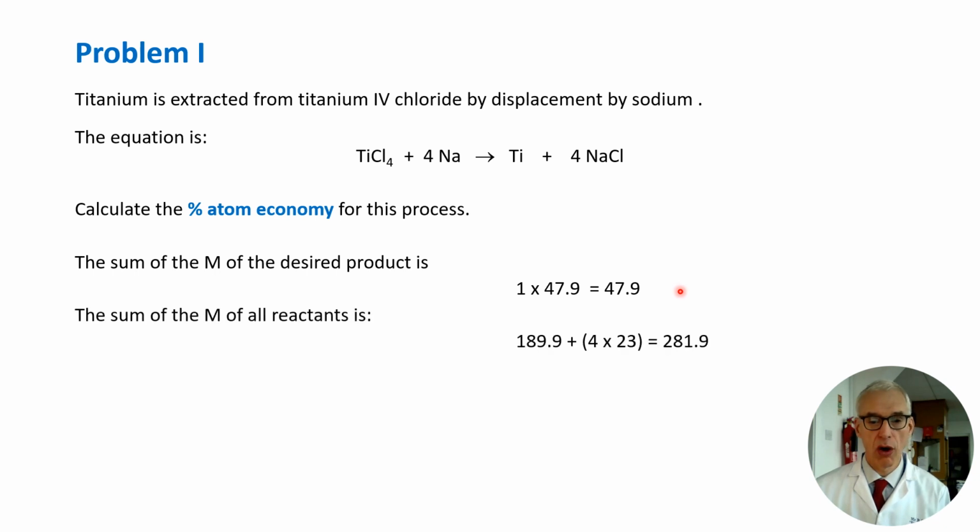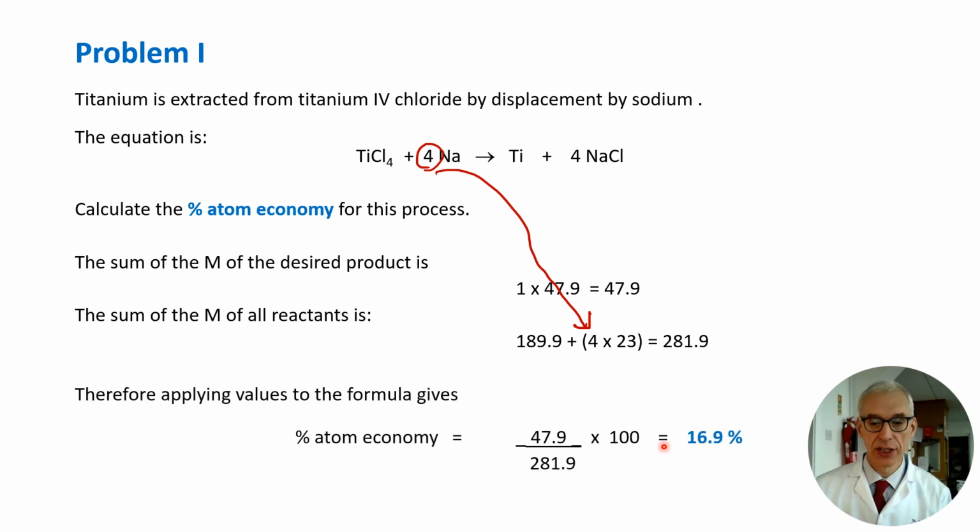Then for all of the reactants, we do need to take account of the multiplier of 4, so that has to be included in working out the sum of the molar masses of all of the reactants, to be precise. So 189.9 for titanium 4 chloride, 4 times 23 comes to 281.9. Plug that into the atom economy equation. Desired over all reactants comes to 16.9%.